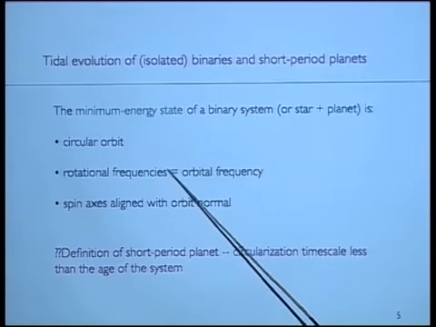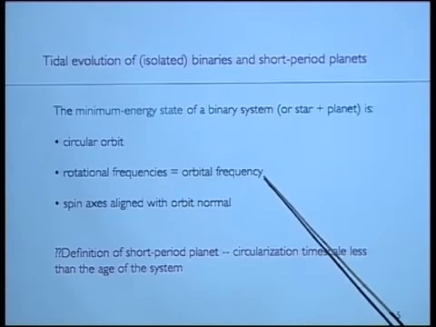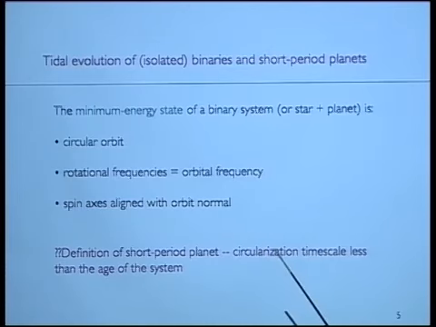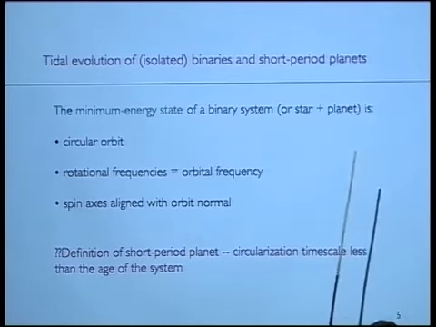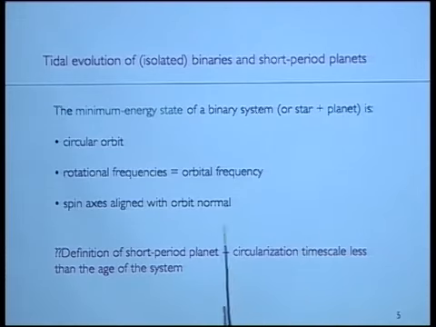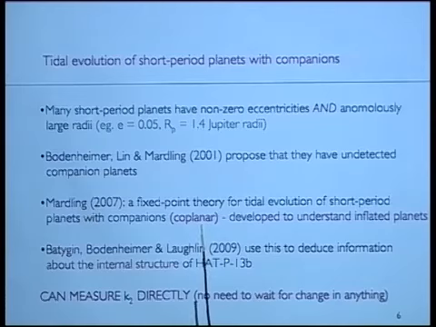So both the bodies are rotating synchronously with the orbit, and the spin axes should be aligned with the orbit. One might define a short period system as being one where the circularisation timescale is less than the age of the system, but since we don't really know what these timescales are, it's perhaps not a very useful definition.